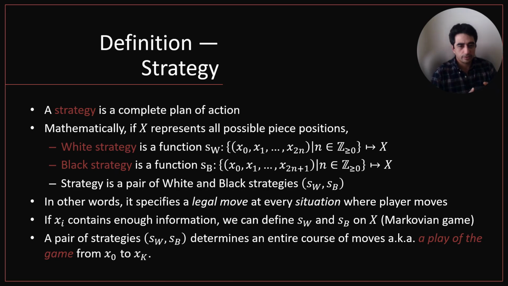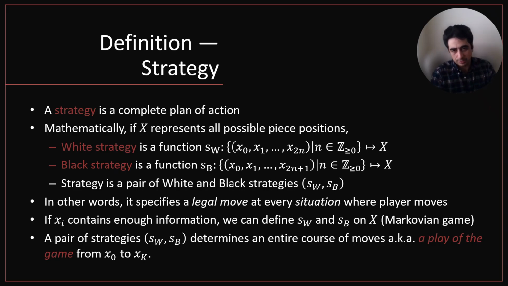All right, so let's define a strategy in a formal way for the game of chess. A strategy is a complete plan of action. Mathematically, if x represents all possible piece positions, then the white strategy is a function like SW, which gets a history of piece positions.